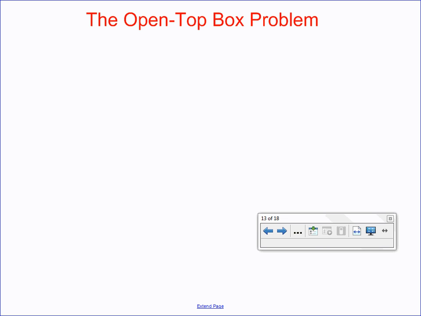So for our open top box problem, our task is to construct a box by taking a regular 8.5 by 11 sheet of paper, so a regular piece of typing paper, right?